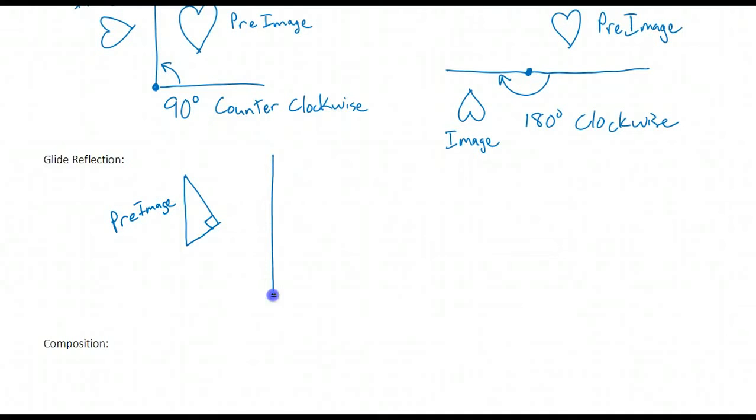And I'm going to translate my shape down and then reflect it over the line. So I translate parallel to this line and then reflect it over that line. I've slid down and then reflected over.